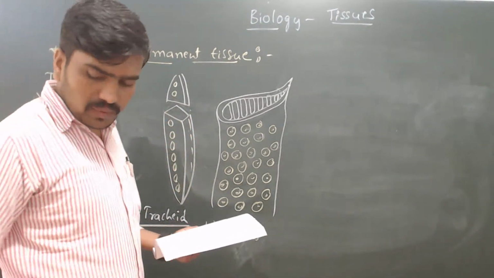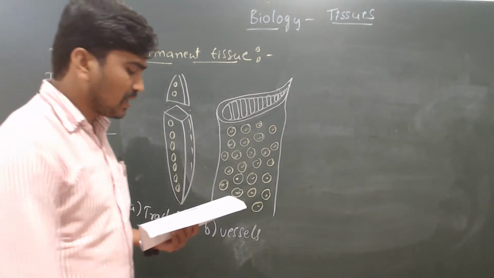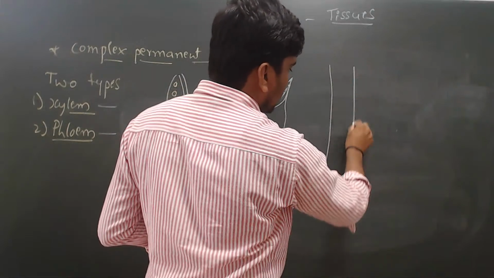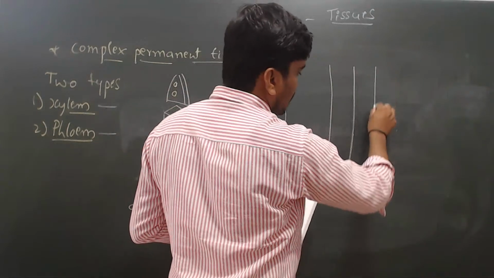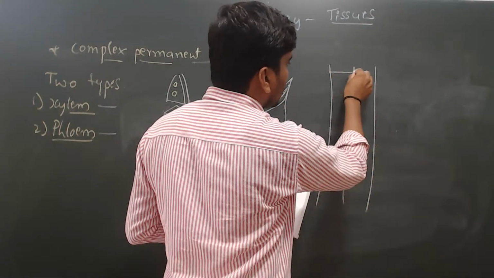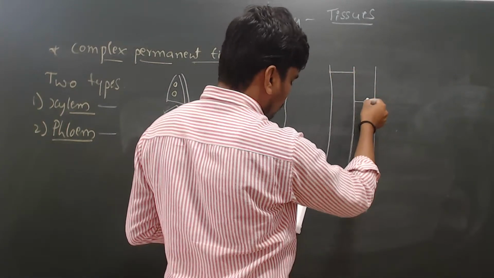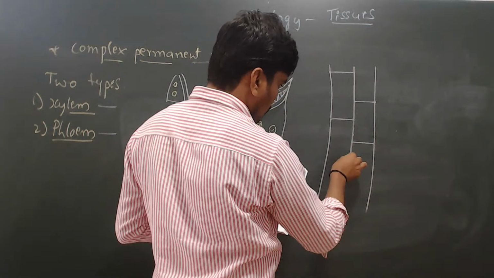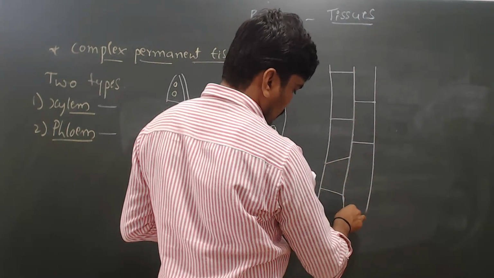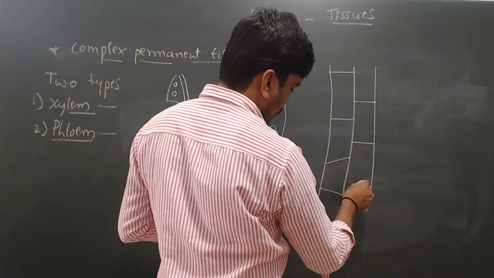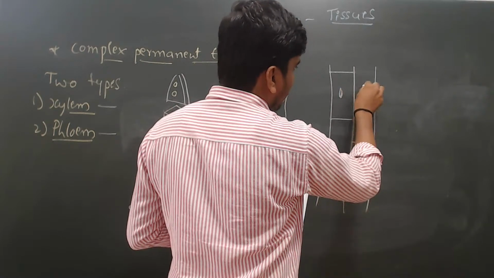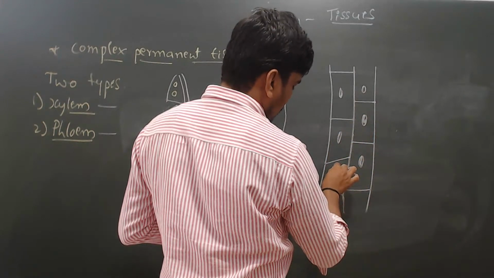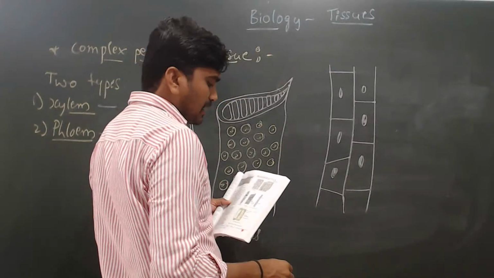Okay. Now, the third one, xylem parenchyma. This is the structure of xylem parenchyma. A little bit flat, elongated structure. Here it contains a nucleus and here it also contains cytoplasm.